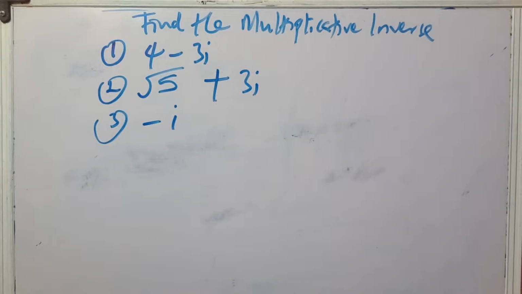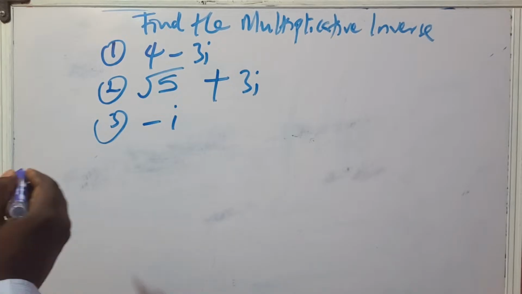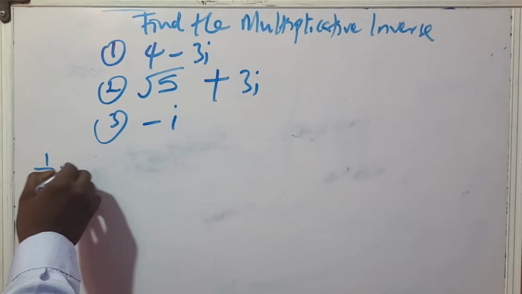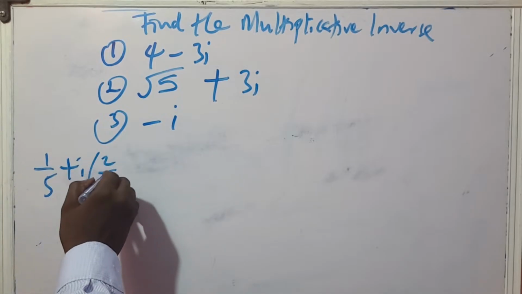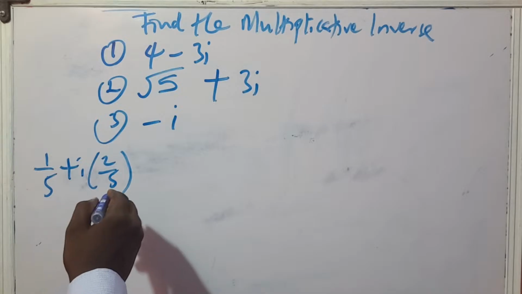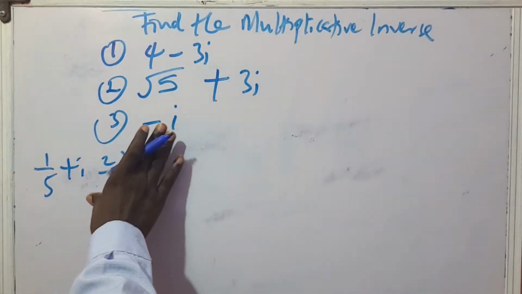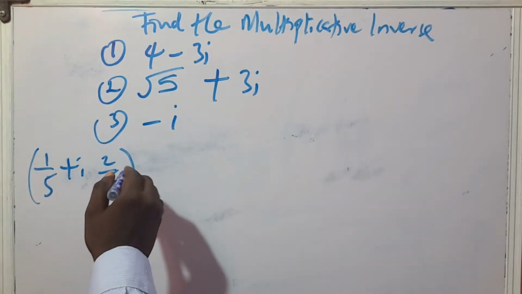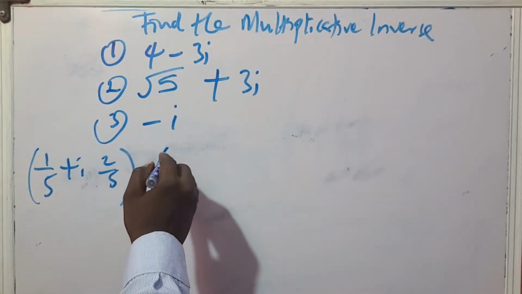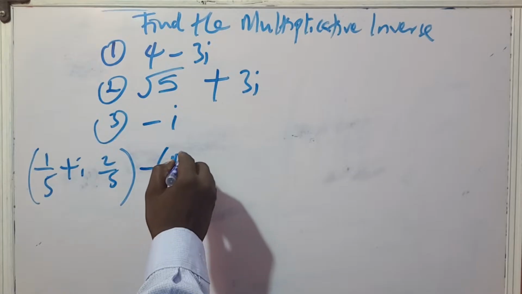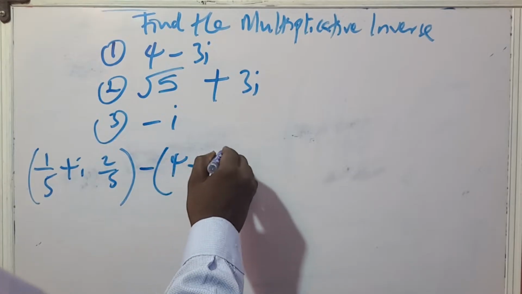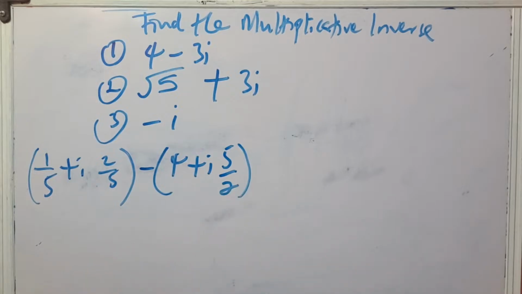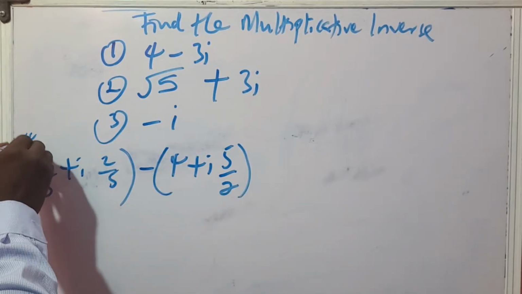Now that's not all. Then I want you to give me the solution to these 2 questions also. I have 1 over 5 plus i times 2 over 5. I want you to make the subtraction of these 2 complex numbers. Please make sure this is in your note.